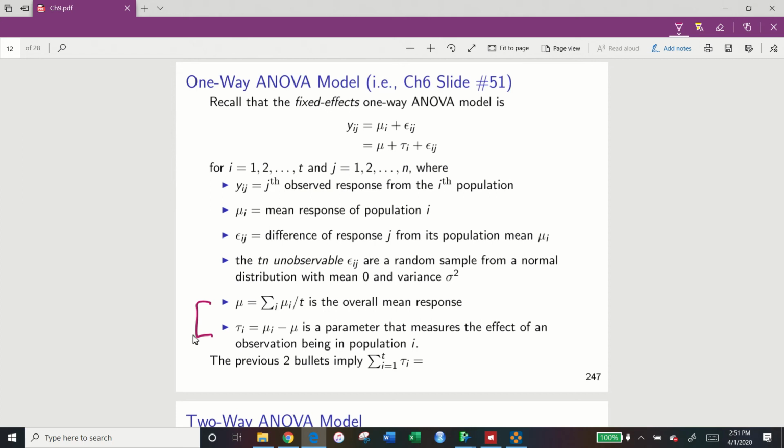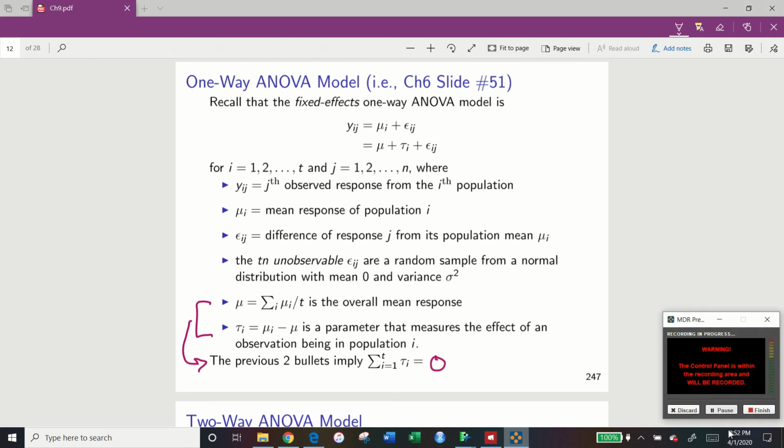And of course, those two previous bullets imply that the summation of i equals 1 to t of tau i should, in theory, equal 0. And again, this should all be review. If you're a bit confused on that, I highly encourage you to go back and look at chapter 6. But at this point, let's move on to look at our now two-way ANOVA model.